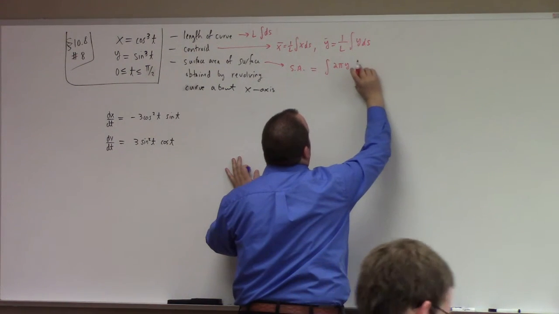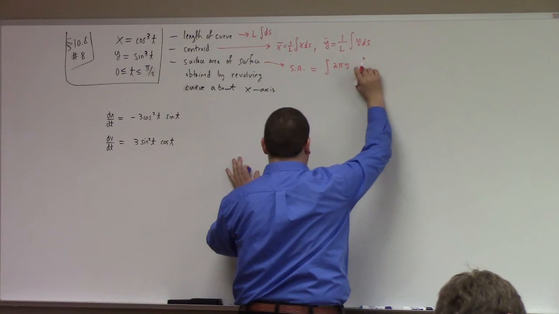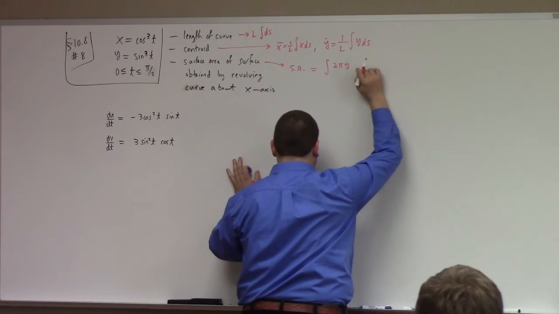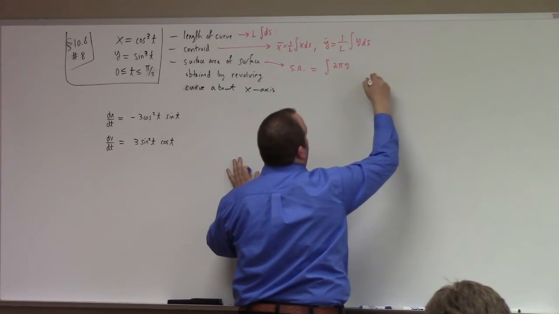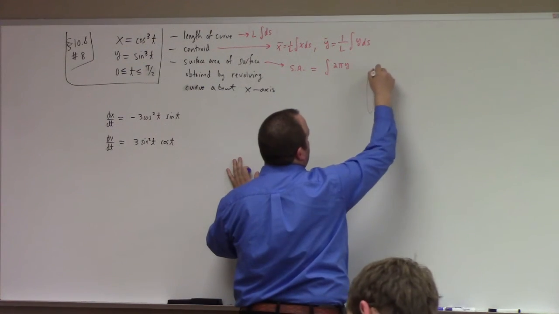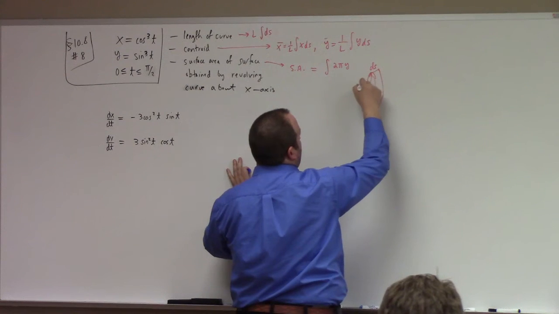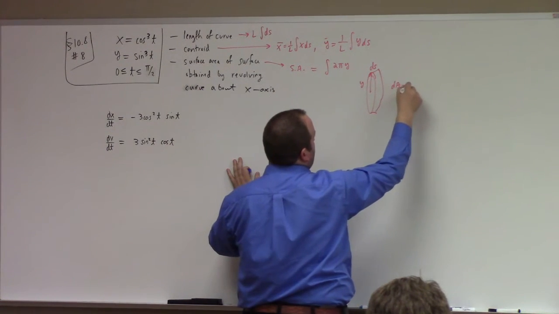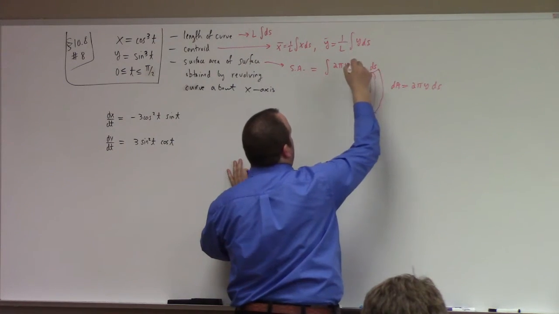How'd it go? Let me think about that for a second. So we're looking at it like this. That was my ds, this was y, so the dA was 2 pi y ds, and then you add it up.